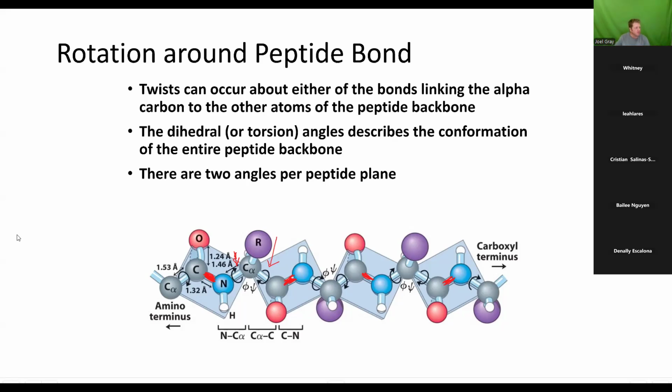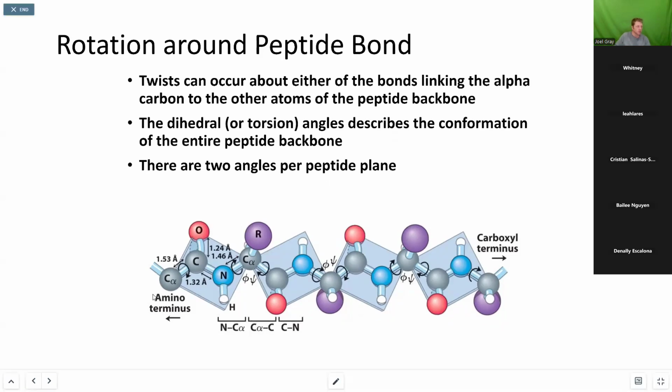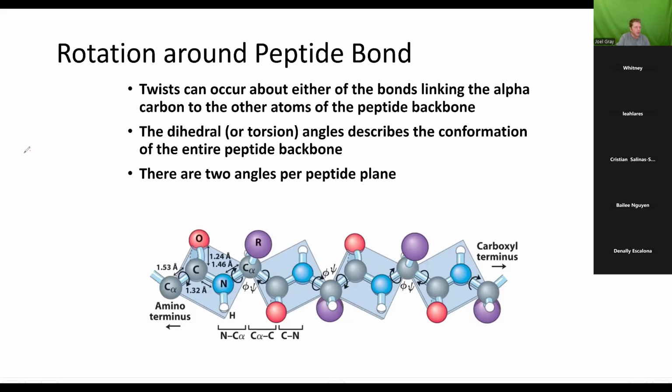That's very significant because there are bond angles, and there are two angles per peptide plane. I label them, I identify them as N to C being my phi angle, and C to C being my psi angle.